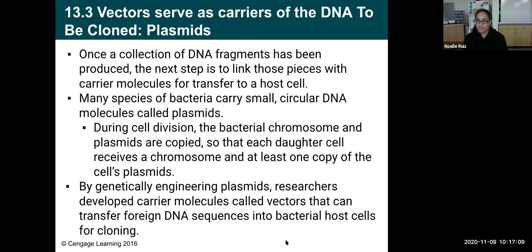They're separate from their main nucleoid area. During cell division, the bacterial chromosome and plasmids are copied so that each daughter cell receives a chromosome and at least one copy of the cell's plasmids. By genetically engineering plasmids, researchers developed carrier molecules called vectors that can transfer foreign DNA sequences into bacterial host cells for cloning.